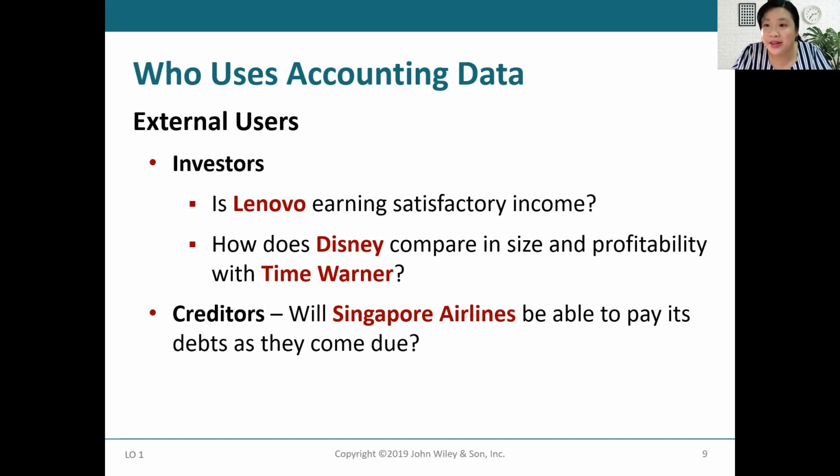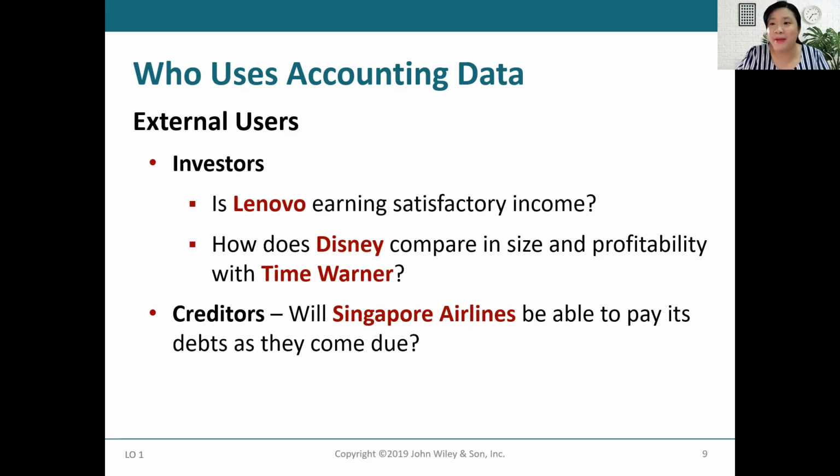What about the creditors? The creditors are those who lend money to the company. So when the company needs money, they are going to go to the bank, or they will go to the financial companies to borrow money. So the creditors need accounting information because they want to decide how the company can pay the debt or the interest when it is due.